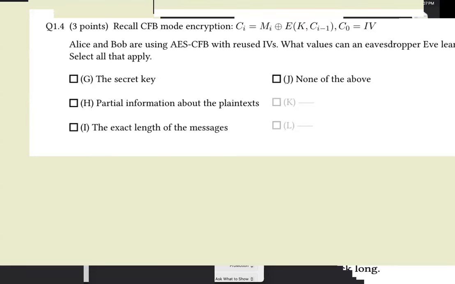So let me ask just the first question. If you reuse IVs, does it ever leak the secret key? Most people are saying no, which is good. Yeah, you don't leak the secret key like that. What about partial information about plain text, if you reuse IVs?